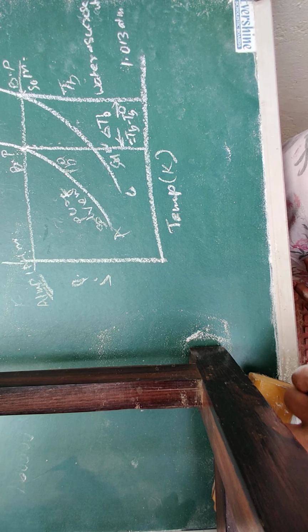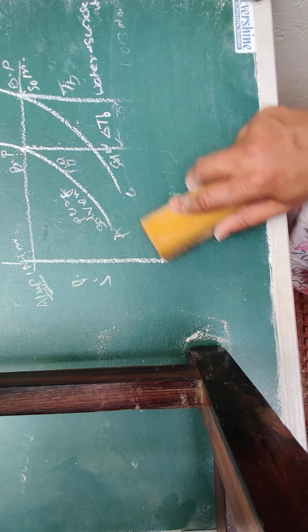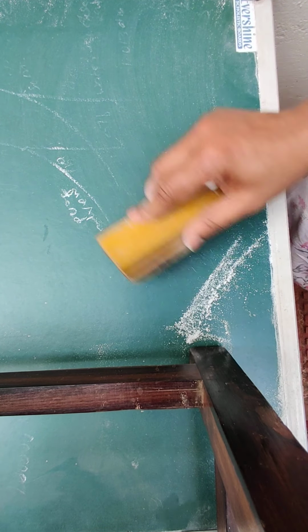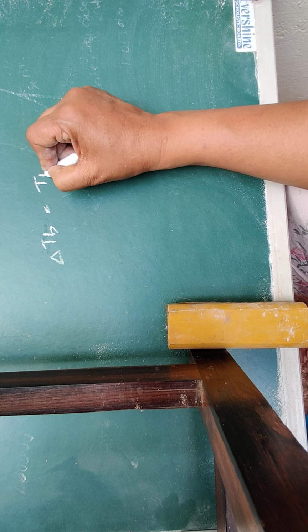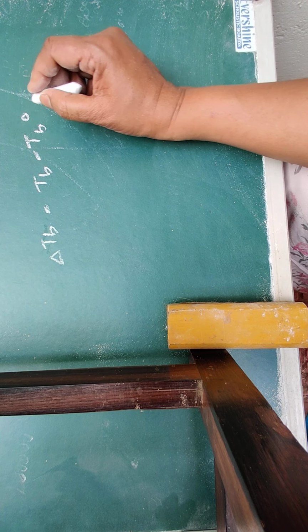So in this we have seen the boiling point of solution is higher than that of the pure solvent. So del Tb equal to Tb minus Tb naught.